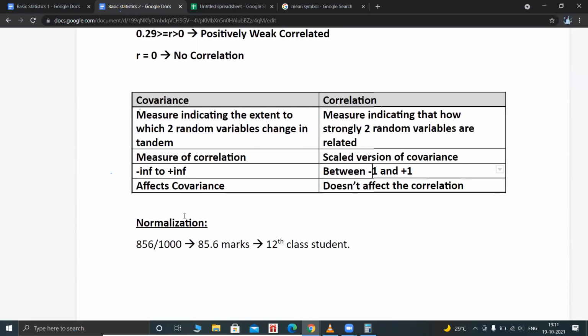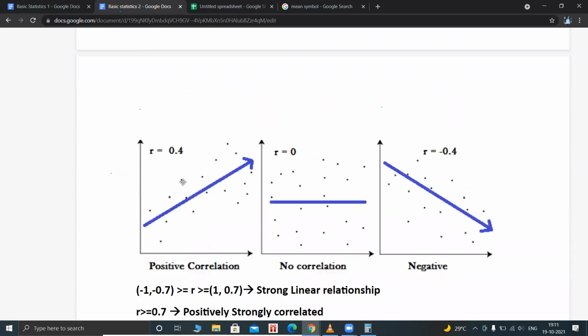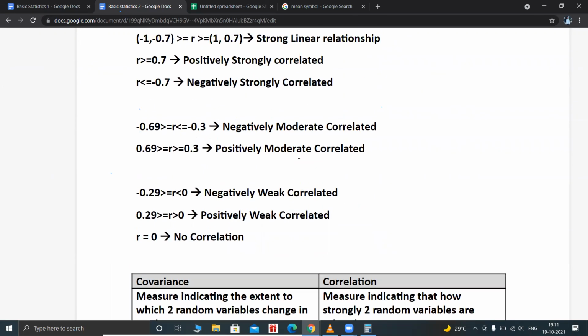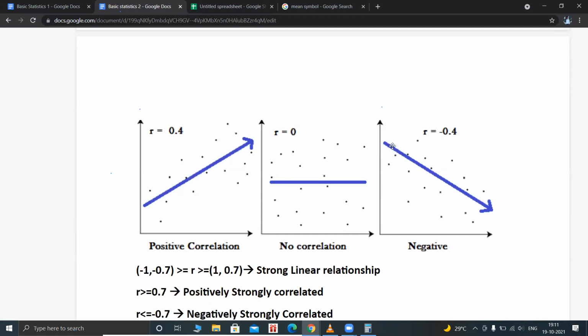See, guys, if I say there is a positive relationship, then you cannot understand how strongly they are correlated. But if I give you an exact figure, like minus 0.9, that means there is a strongly negative correlation. See, guys, the data looks like this, right?